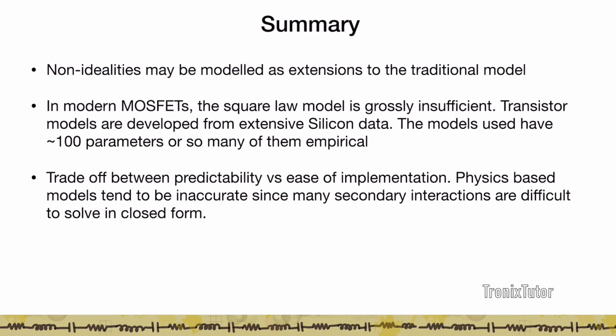So once we think about making a chip and sending it to the foundry, physics-based models tend to be inaccurate, and we tend to rely more upon our empirical models just because their predictability is much better. But there is a value for the physics-based model because it helps us understand how the device works, and it also helps us use these models to predict how transistor performance will look as you scale technology.